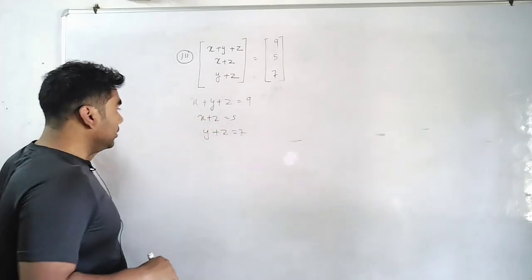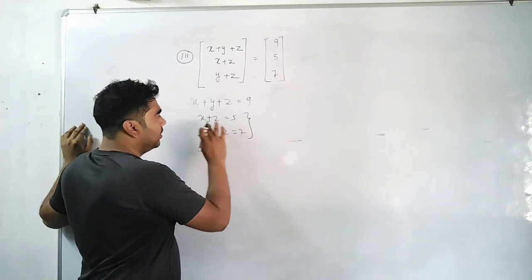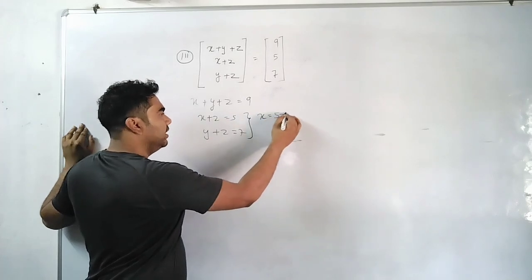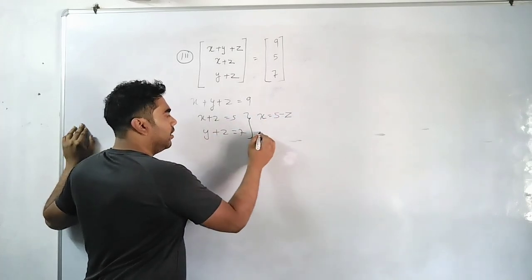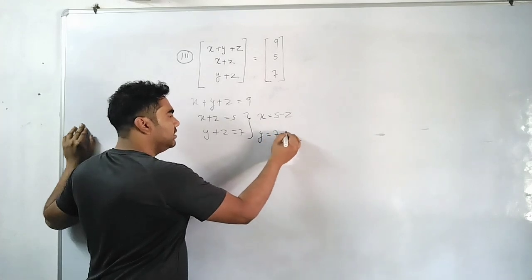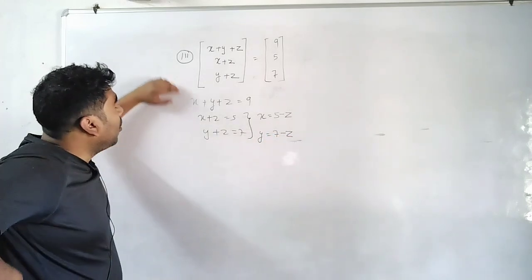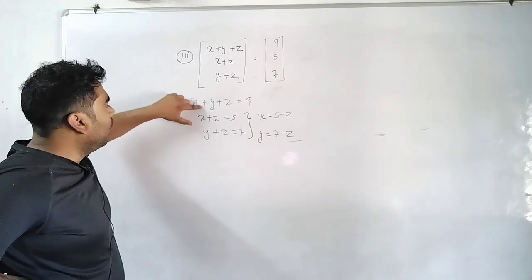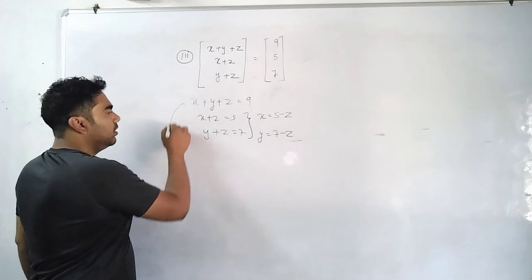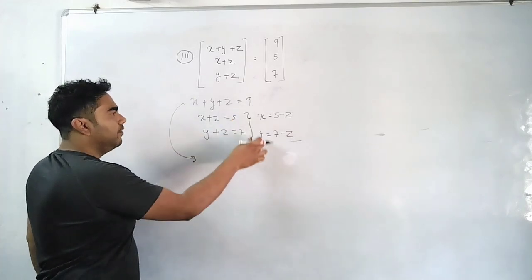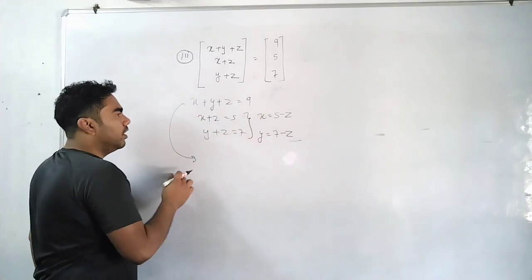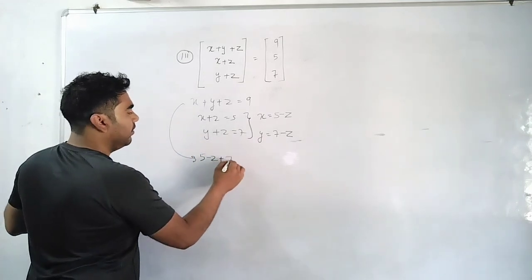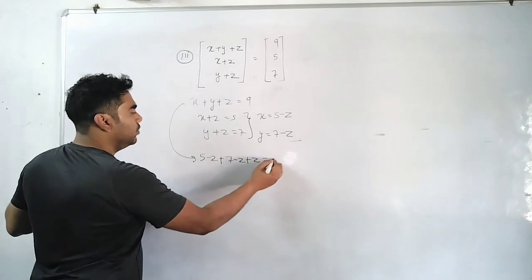Here our brainstorming concludes that if we put x equal to 5 minus z, y equal to 7 minus z, we are on the approach of solving for the value of z. So on putting x and y in this equation, we get 5 minus z plus 7 minus z plus z is equal to 9.